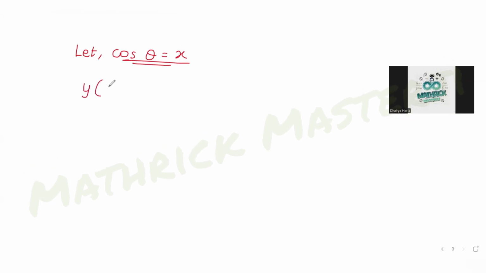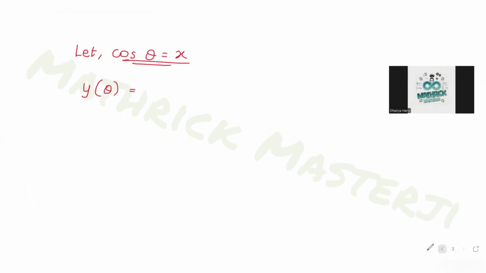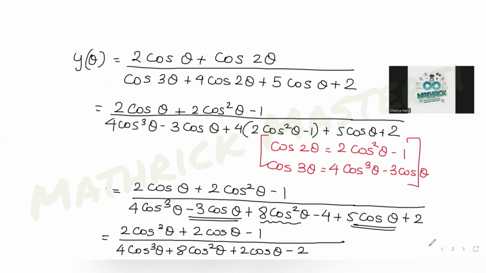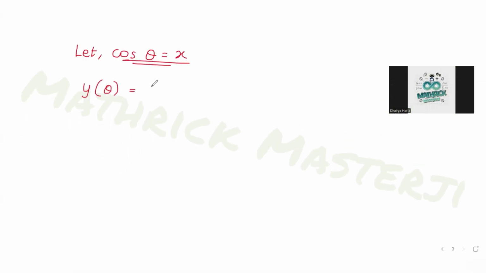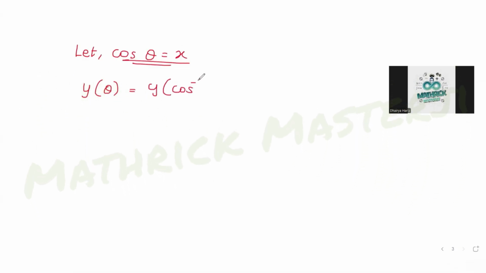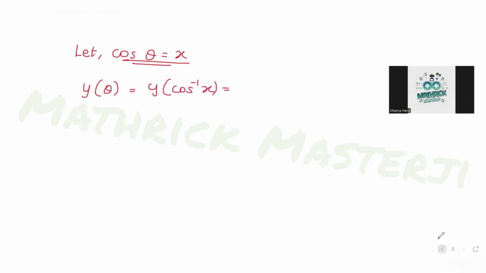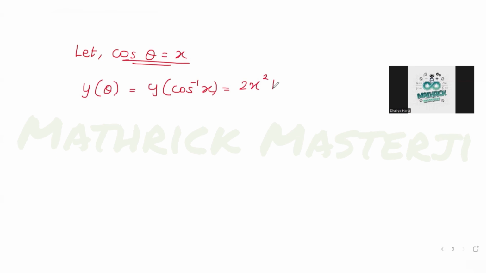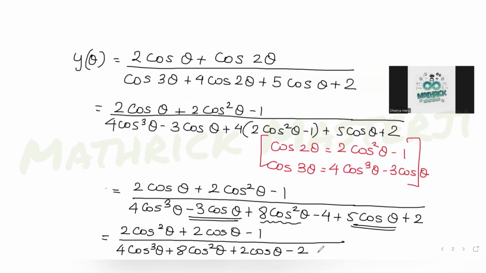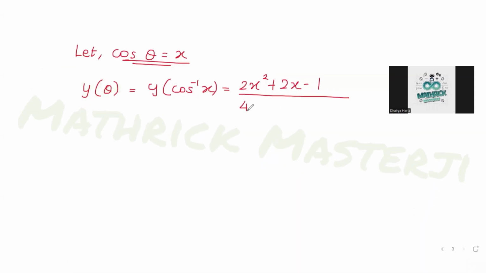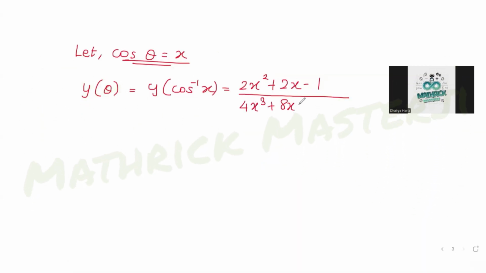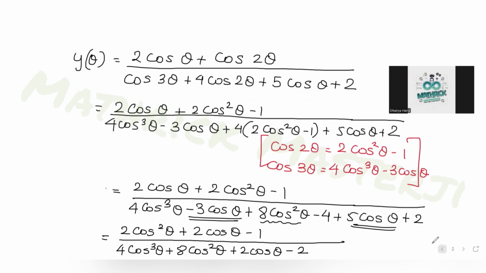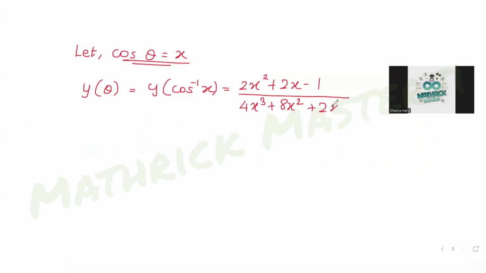So basically y of theta, which was this entire function, now becomes y of cos inverse of x, which equals 2x square plus 2x minus 1, the whole thing divided by 4x cube plus 8x square plus 2x minus 2. So I have this entire thing now with me.